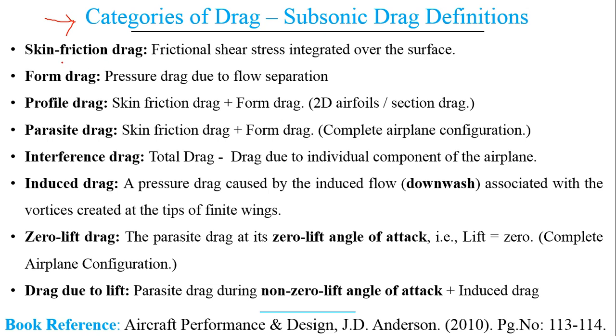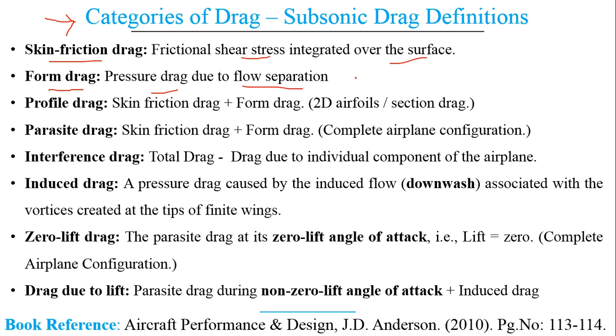We will be coming around these terms, and we need to know what they really mean. When it states skin friction drag, it is nothing but the frictional shear stress integrated over the surface. So when we integrate the shear stress over the whole surface or skin of an aircraft, this provides us with the skin friction drag. Form drag is nothing but the pressure drag which is caused due to the flow separation.